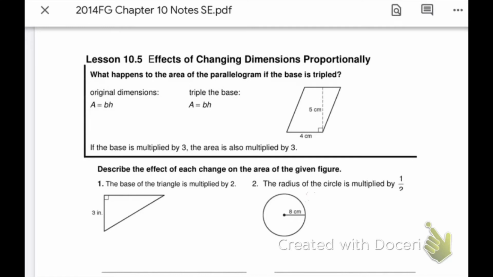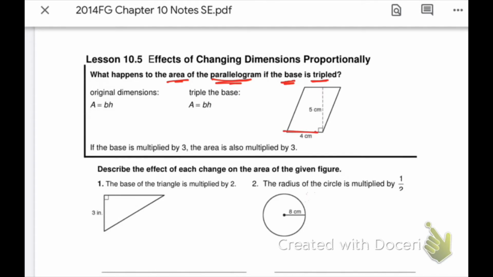So our first example is what happens to the area of a parallelogram if the base is tripled. So I'm going to take my parallelogram here. I'm going to say what happens if I take the base and I triple it in length. So the base currently is 4.